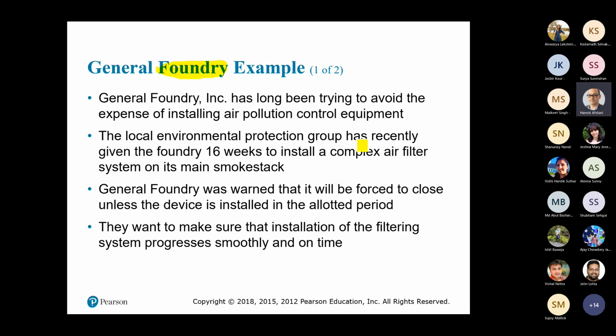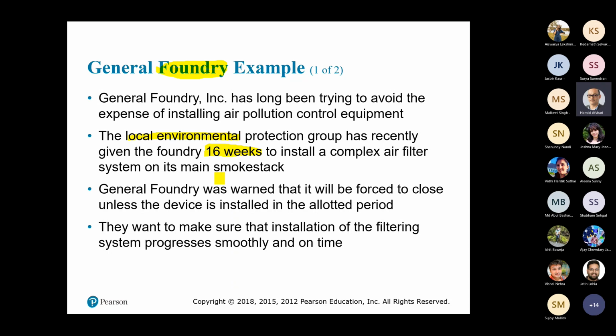However, the local government has forced them, and the deadline is here. You are due to install a new filtering system in 16 weeks. If you do not install the new filtering system in 16 weeks, you have to close your factory. So this looks like a very harsh deadline. If you finish this project in 17 weeks, probably you will fail, so you have to close your factory.